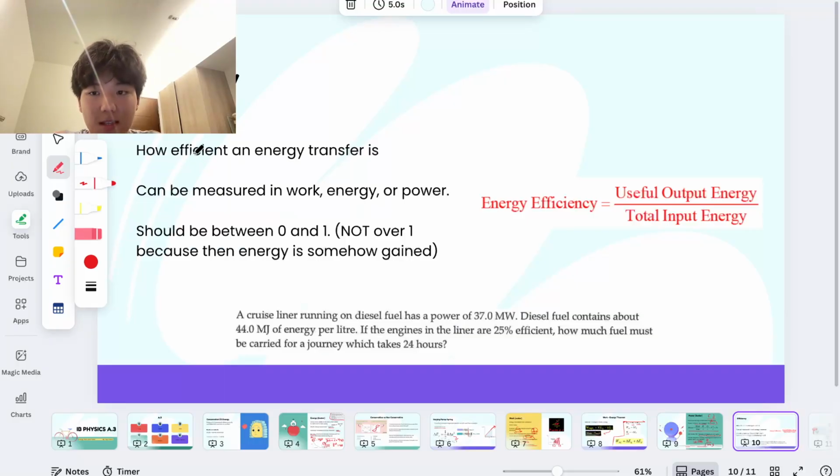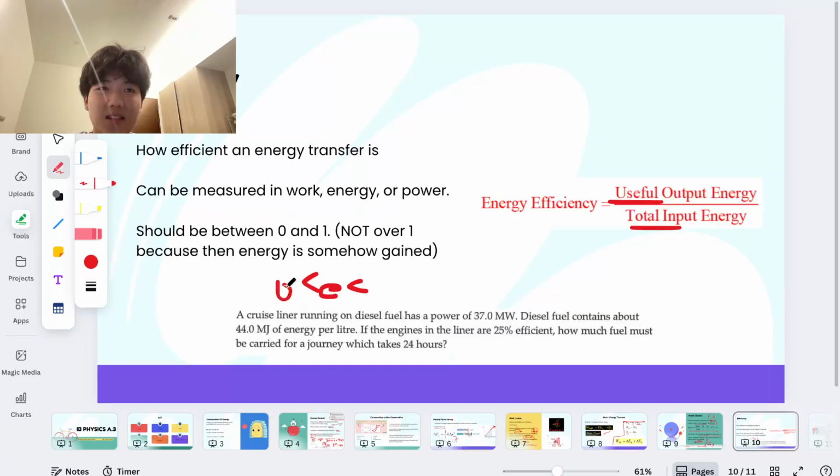Okay, efficiency. It's basically measuring how efficient an energy transfer is. It can be measured in work, energy, or power. And the formula is efficiency is equal to useful over total. It's always going to be between 0 and 1. I don't think you would have 0 efficiency because that means you get nothing, and what's the point of that?